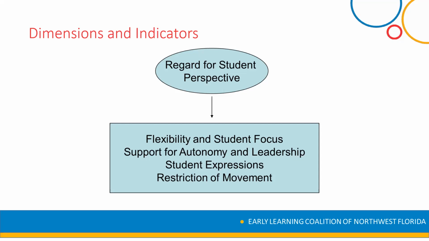Student expression is about allowing students to express themselves verbally and in art. Allow students to talk about the things they want to talk about. Maybe you want to talk about the weather that we've been having, and maybe little Johnny watched a movie about meteorites last night. So when you start talking about the lightning and the thunder and the rain, he goes, no, I seen a meteorite come through my window.